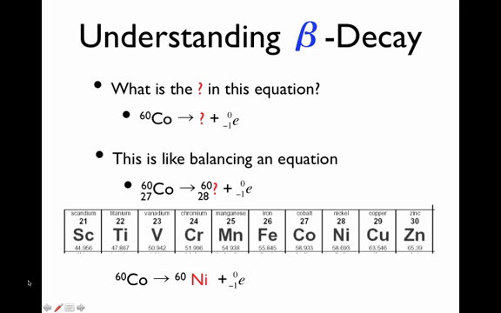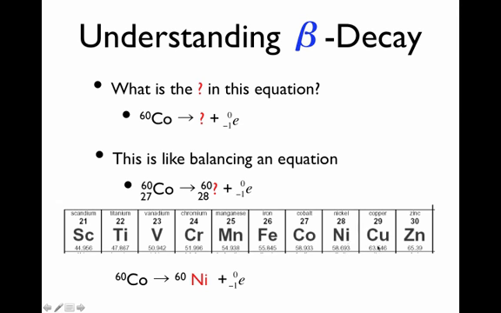The other thing to point out as far as beta decay is concerned, before we finish up summarizing beta decay, is that whatever isotope you start with, it will always turn into the element to the right of your starting element. So if we start with cobalt and it undergoes beta decay, the cobalt will turn into nickel. If we started with nickel and it underwent beta decay, the nickel will turn into copper.